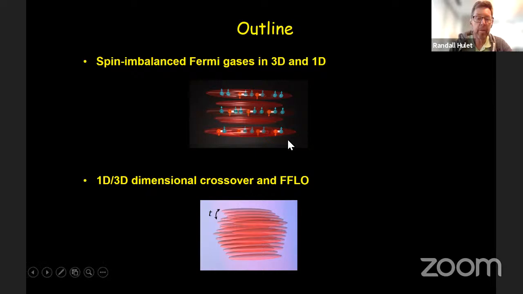And then more recently, what happens in the crossover when you turn the lattice depth down to such an extent that you couple these tubes together. And what we find is that there's a very well-defined dimensional crossover physics that happens at certain values of this tunneling parameter. And we'll also show some new data on FFLO.